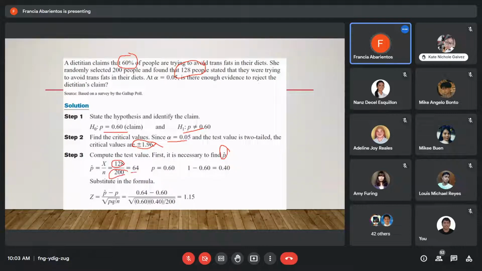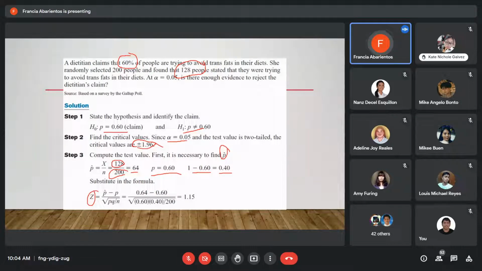So, this is now 0.64. Yung percentage natin is 0.6, and 1 minus that is 0.4. Okay? So, finding for the z-test for proportion, we have na 0.64. Okay? 0.64 to class.